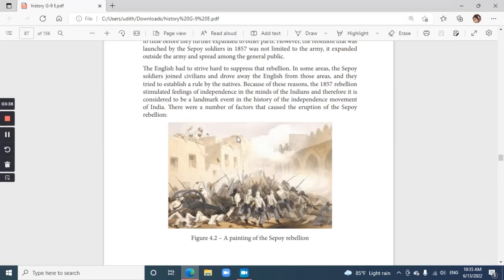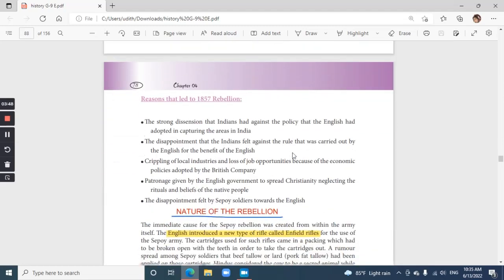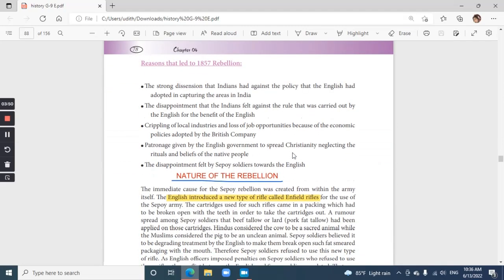There are a number of factors that caused the eruption of the Sepoy Rebellion. You can see a picture of the Sepoy Rebellion here in your textbook. What are the reasons that led to the 1857 rebellion? The first one is the strong dissatisfaction that Indians had against the policy the English adopted in capturing areas in India.